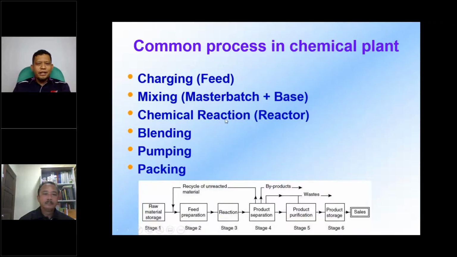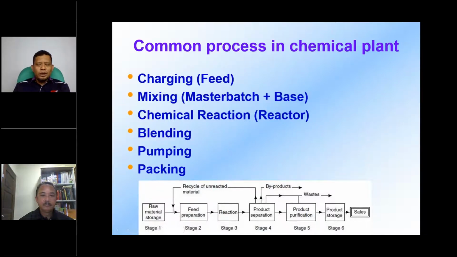In most of the chemical industry, a chemical reaction applies pressure and temperature, and it may take 1 hour or 2 hours before it can react well and come up with the product. Then we have a blending process, pumping, packing process, and so on.